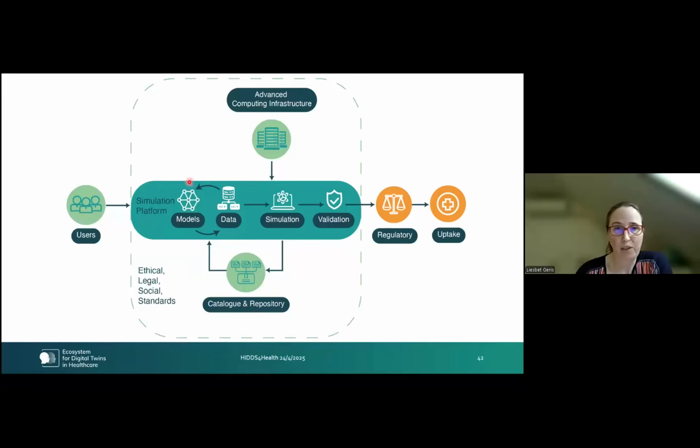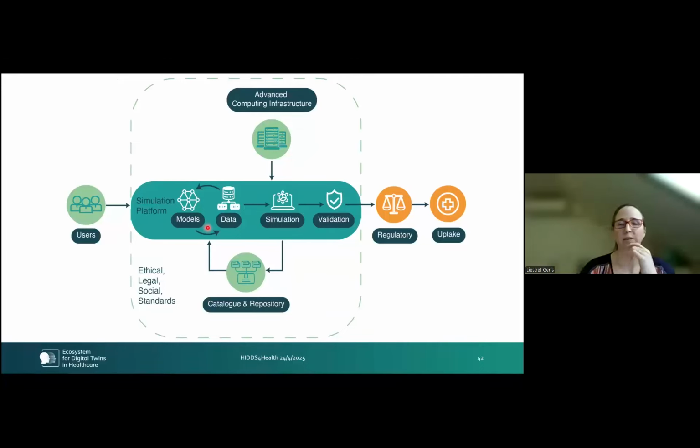Now, there would also be in this platform models that then can be connected with data. So you see here that we need to work on the metadata of the models and of the data sets, so that we can understand, or that they can understand, whether they're a good fit for one another.